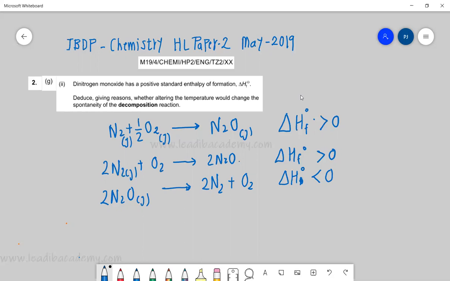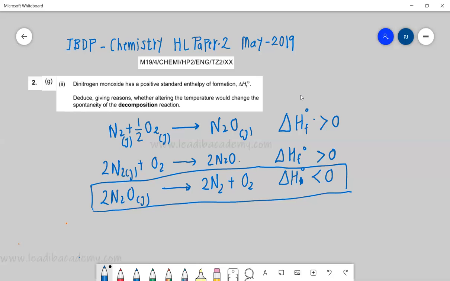This is given. Now they are asking whether the decomposition is going to be spontaneous. So which concept should come to our mind?